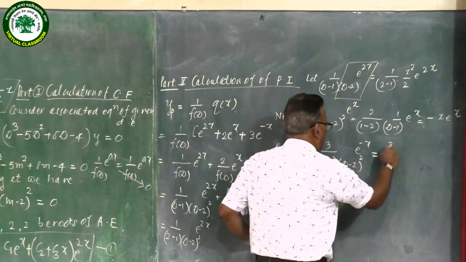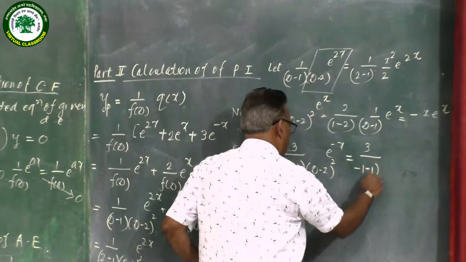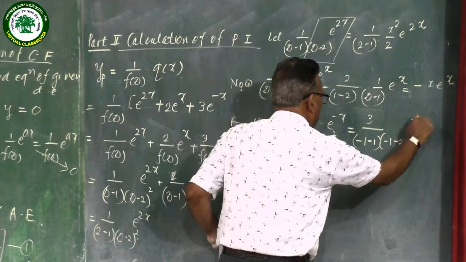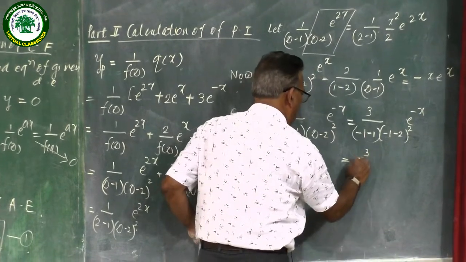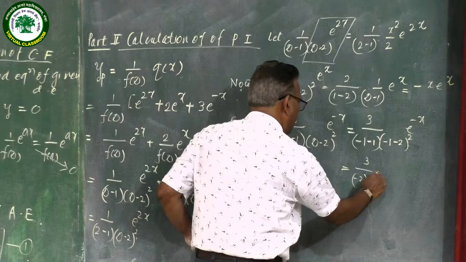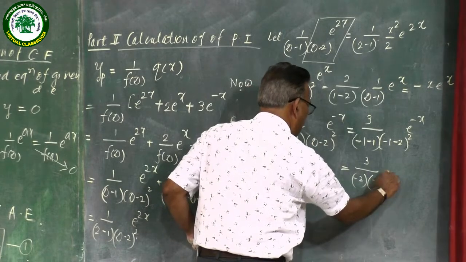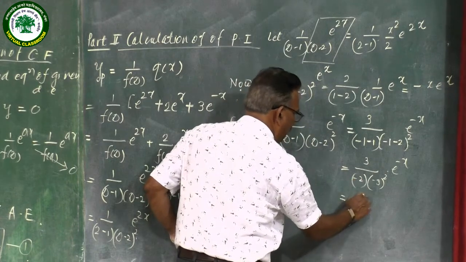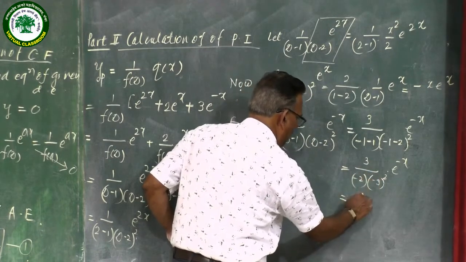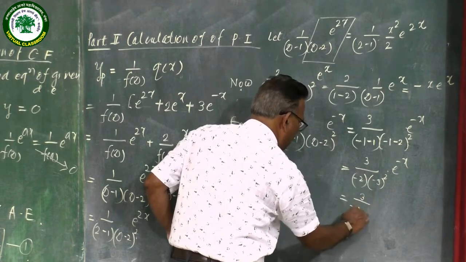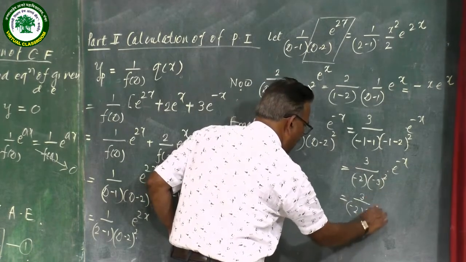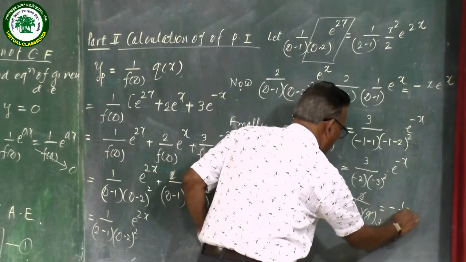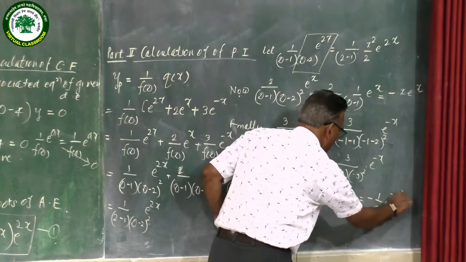Here it will be 3 upon minus 1 into (minus 1 minus 2) square e raised to minus x, which is equal to 3 upon minus 2 into minus 3 square e raised to minus x, which is equal to 3 upon minus 2 into 9. The 3 will be cancelled with the minus sign. Simplifying this, 3 into 3 is equal to 6. Therefore, minus 1 upon 6 into e raised to minus x.